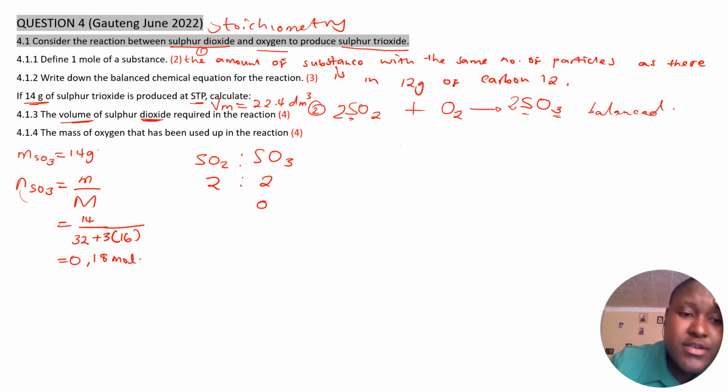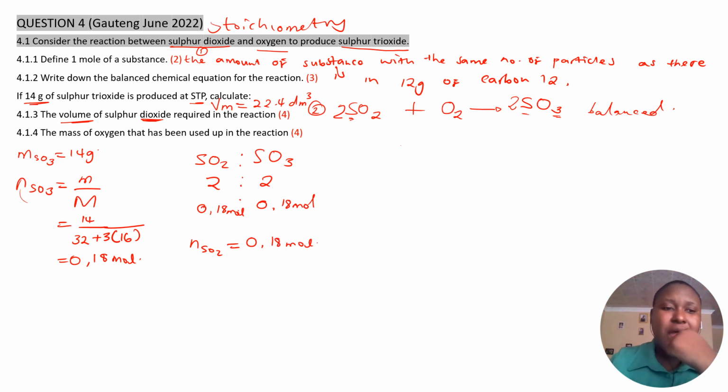So it is 0.18 mole, which means that the number of moles of SO2 is going to be 0.18 mole. So you now know the number of moles of SO2. You know that it is 0.18 mole.